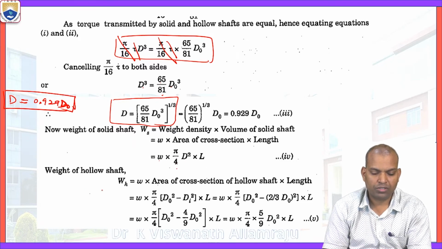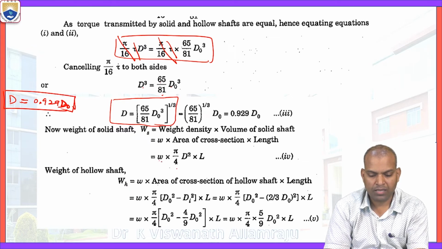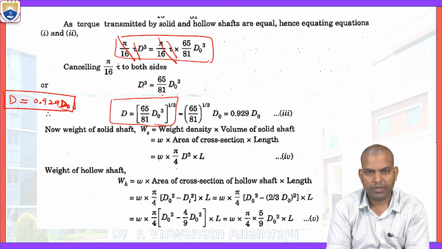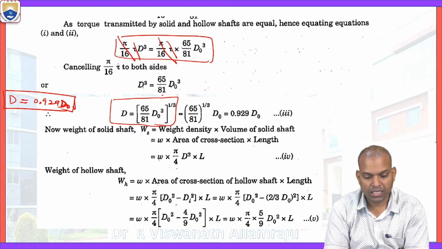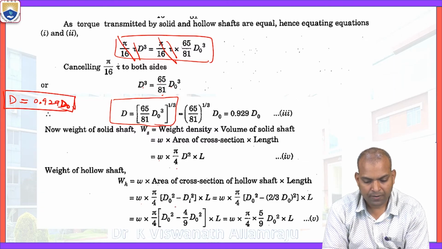What is the hollow circular shaft? Again, W times area of cross section of hollow shaft times L. What is the area of cross section? Pi by 4 times d naught square minus d i square, times L. Here substitute what is the d naught, d i and d naught.